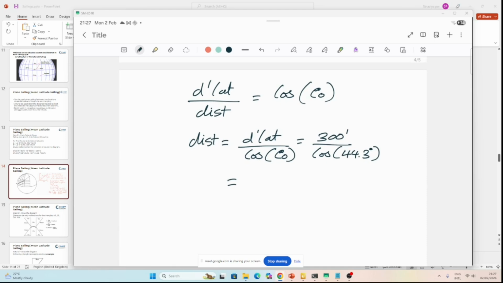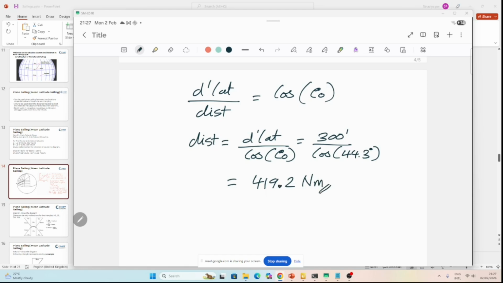I'm using a normal calculator. So what I'm getting is 419.17. Okay, but anyway, you may be getting something around 2 something, right? So that's fine. So this is the distance.